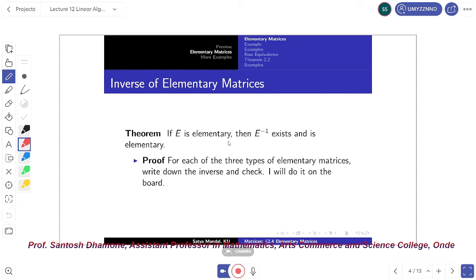So 3 into 1 is 3, 3 plus 0 is 3, then 1 0, and 0 0 1. This is an elementary matrix. Okay. This is the solution of our problem.